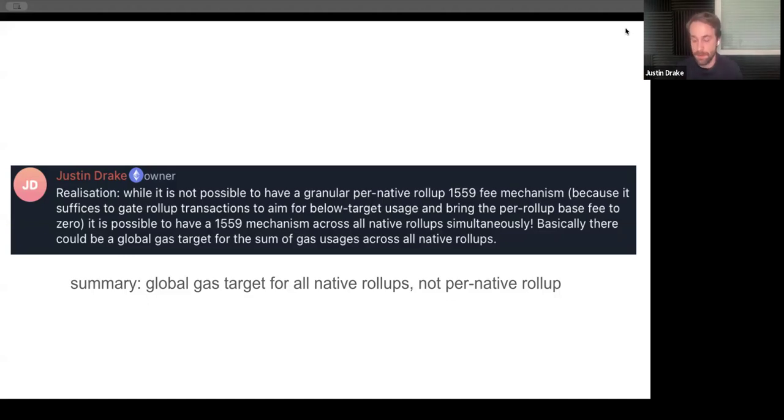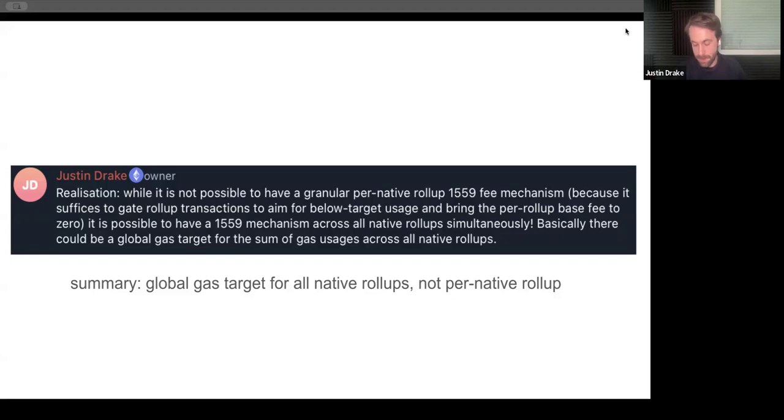And if proving requires a data center, for example, this assumption is no longer credible. So the ideal is that we're in a position where proving can be done by entities with laptops, for example, and as such we need to have some sort of limit on the cumulative gas used across all of the different native rollups.